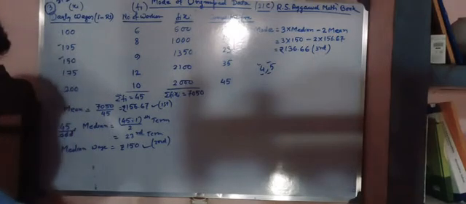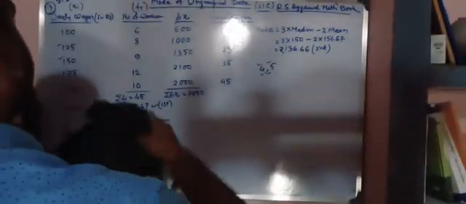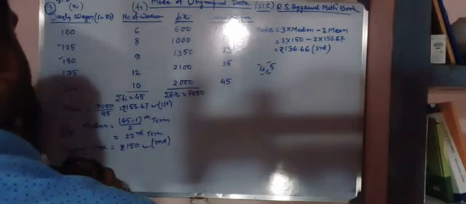Now first come to the properties of subtraction. I am following the R.S. Agarwal math book, obviously. The chapter name is Integers from R.S. Agarwal.